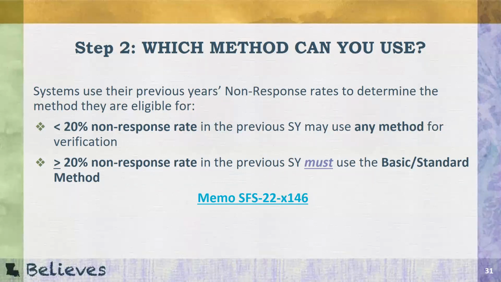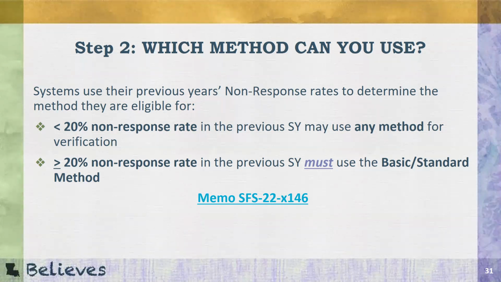Let's review which method you can use for selecting your sample size. We use the previous school year's non-response rates to determine the method you will use for verification in the current school year. If you have a less than 20% non-response rate in the previous school year, you may use any method for verification: the standard or basic, alternate 1, or alternate 2.